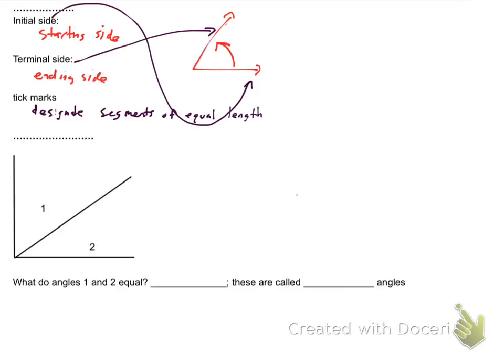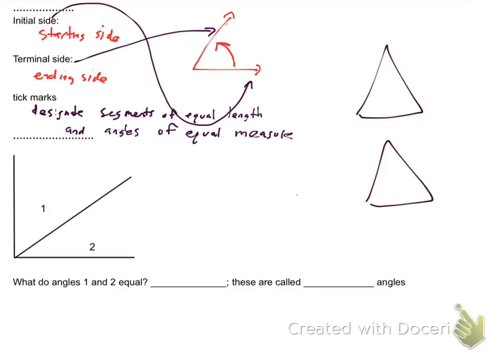It also designates angles of equal measure. So not only can we say these two segments are the same, we can say this angle, angle A, and angle B are the same. So, where can we see that?